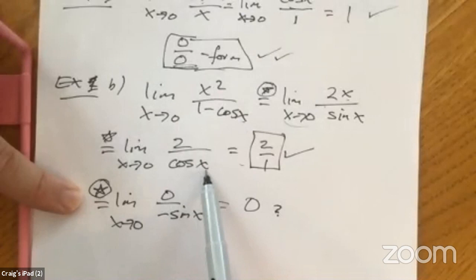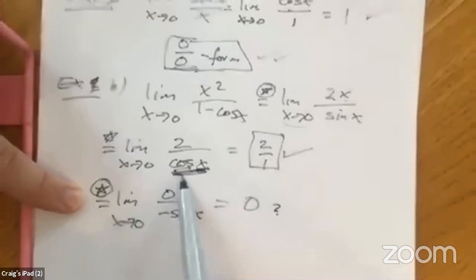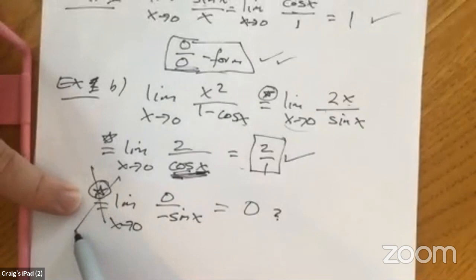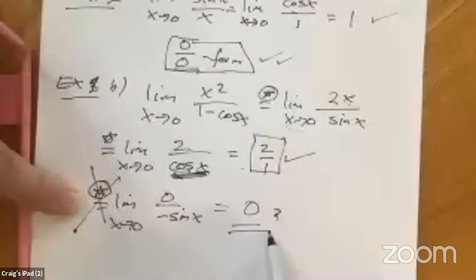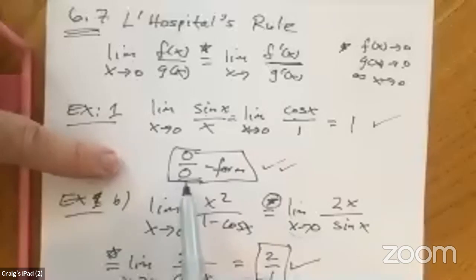As x goes to 0, the bottom goes to cosine of 0, which is 1. So not in the 0 over 0 form. So I am not supposed to use L'Hopital's rule on that. So if you don't use it properly, you'll get the wrong answer. So you have to be careful about that one little fact right there, to check that it's really of the 0 over 0 form.